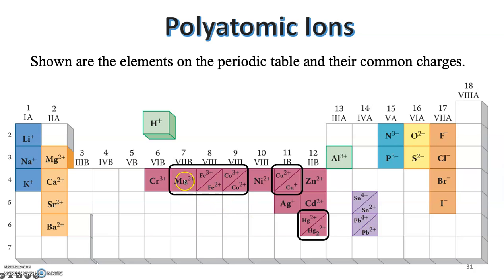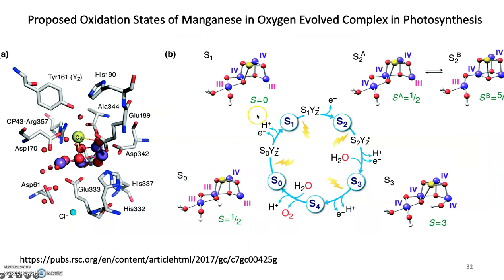However, manganese in this table shows only one ion formed, but in fact, manganese can have multiple ions. For example, in the oxygen-evolving complex in photosynthesis, manganese appears as manganese 3+ and manganese 4+. It goes through different stages from S0, S1, S2, S3.